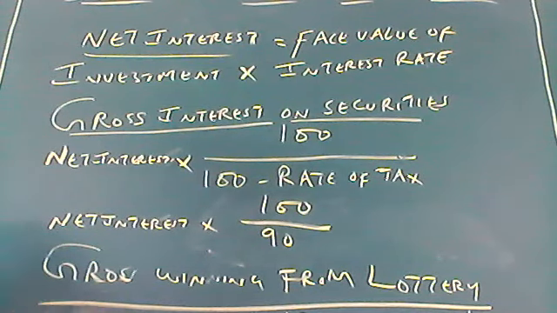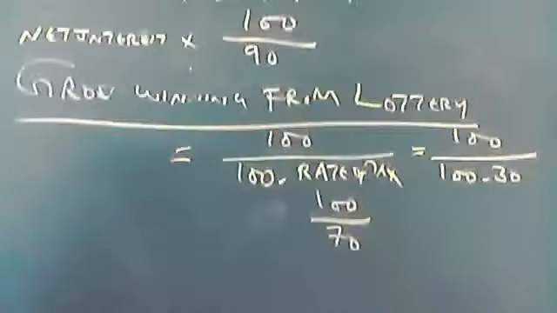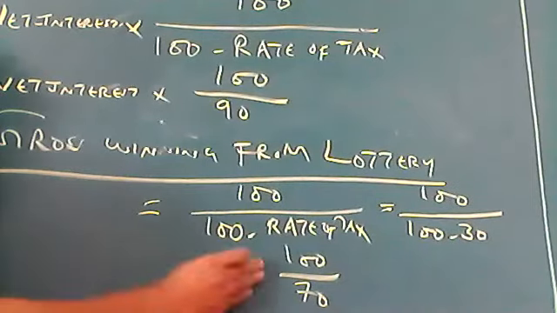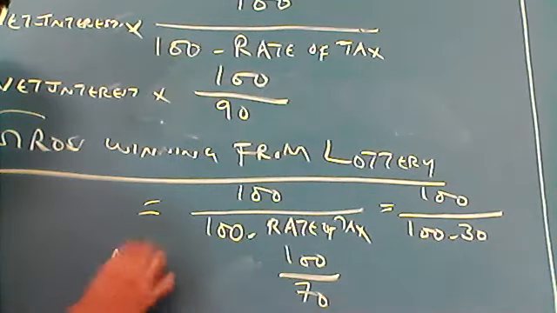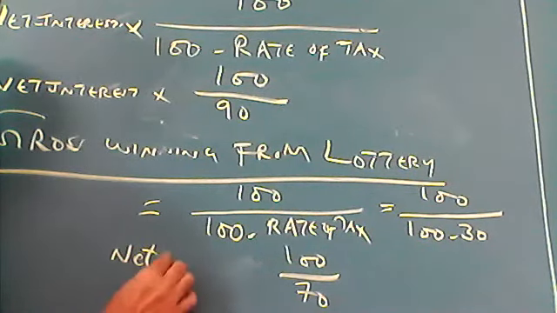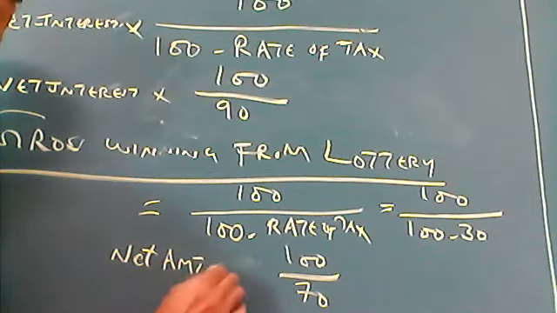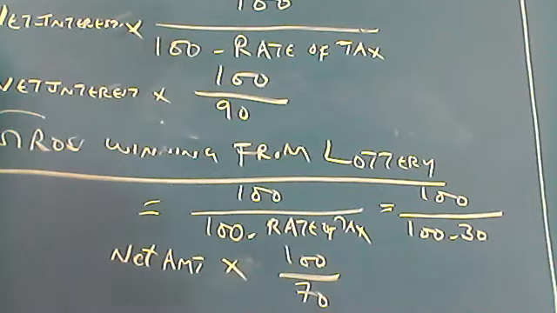And in case of gross winning from lottery, it is the amount received, or net amount, into 100 by 70. So this is the formula you have to apply.